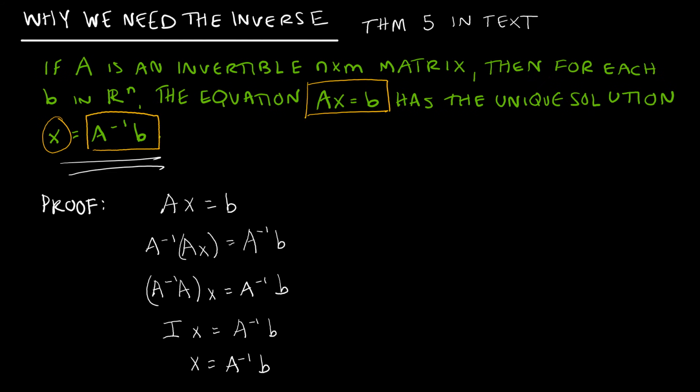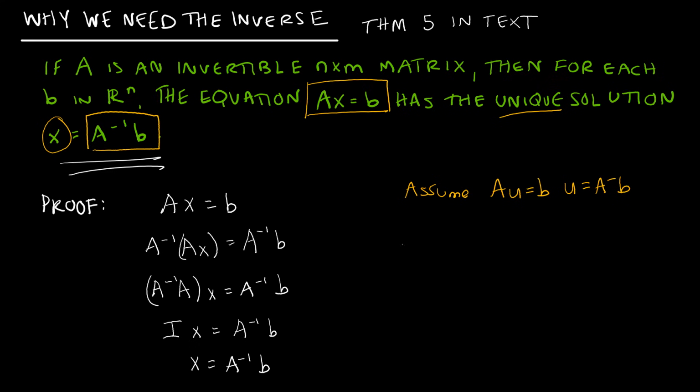What else do we need for this proof? Well, we need to prove that it is a unique solution. So we're going to assume that Au is equal to b and that u is equal to A inverse b.